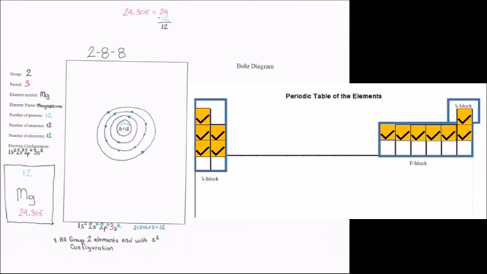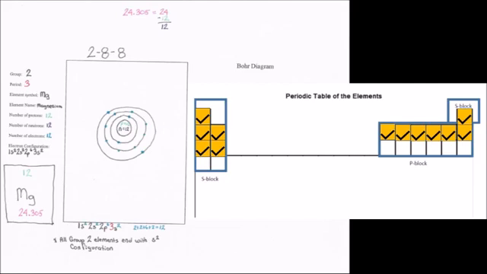So it's going to be 1s2, because remember, we're going to keep track of where we went, 1s2, 2s2, 2p6, 3, because we're in the third period, 3s2. We add up all of those exponents: 2 plus 2 plus 6 plus 2 is going to equal 12.